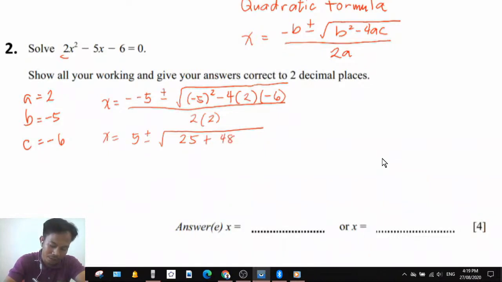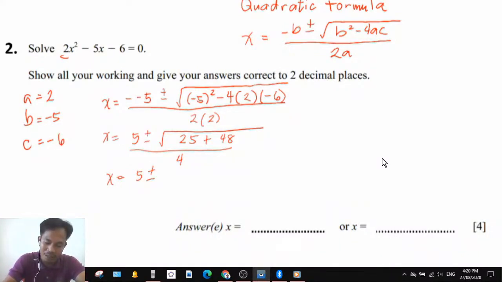So I'll have now x is equivalent to 5 plus or minus square root of 25 plus 48, which is 73, divided by 4. So you'll get now two things. Don't be intimidated by this symbol plus or minus.